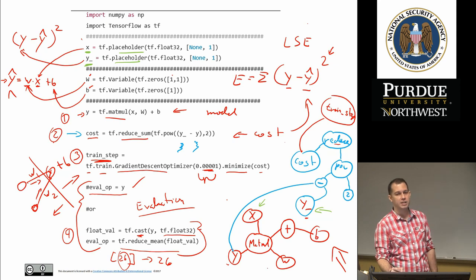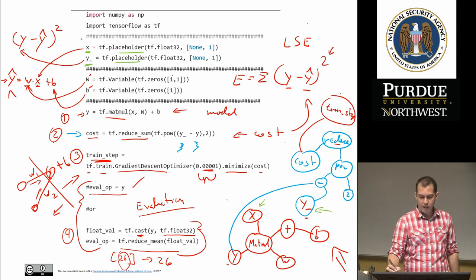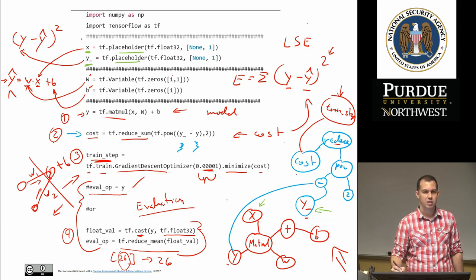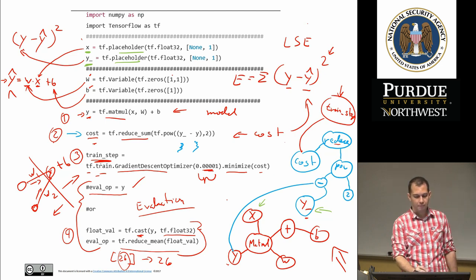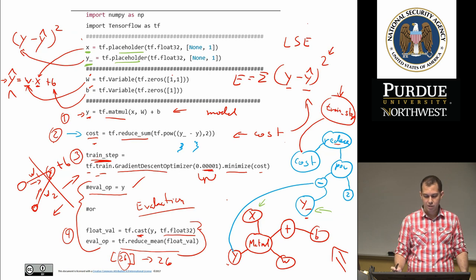You can see how everything is linked together, and just by calling one node, train step, we end up calling everything else linked to it. So all these functions, the y, the cost, train, plus all the variables, are linked in the graph, and we run and execute the graph via train step.